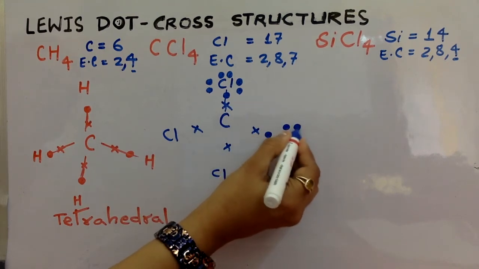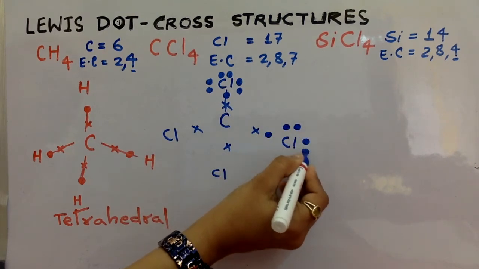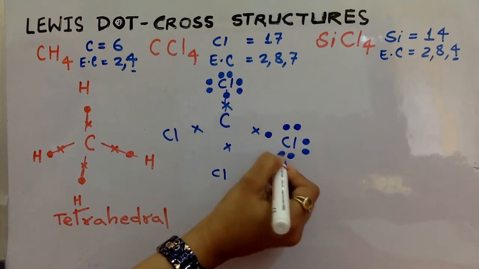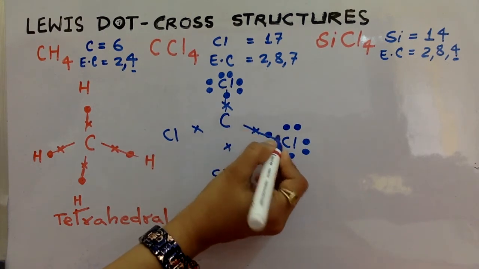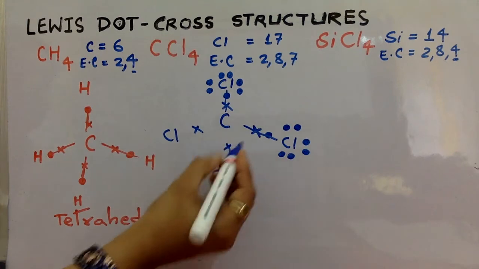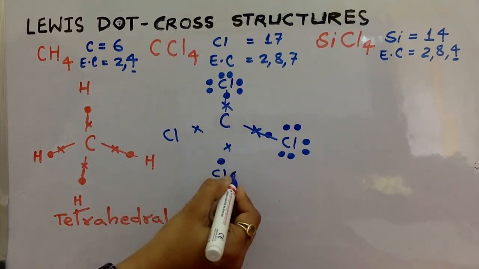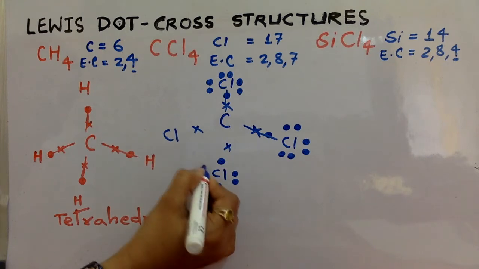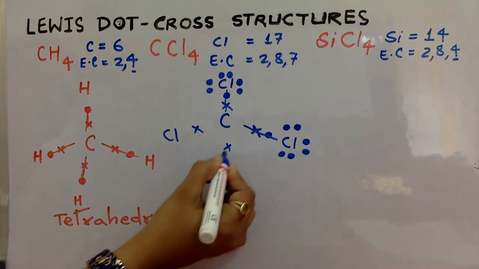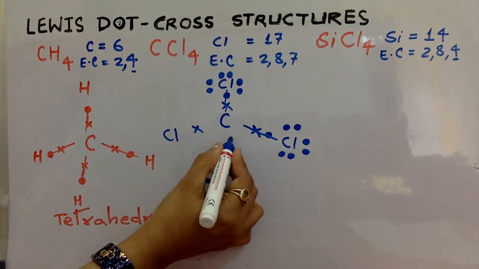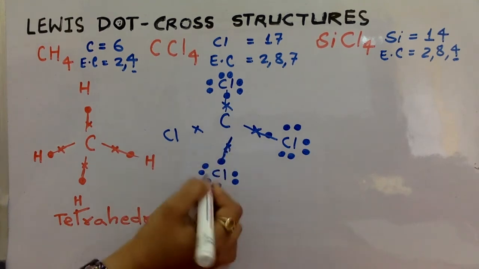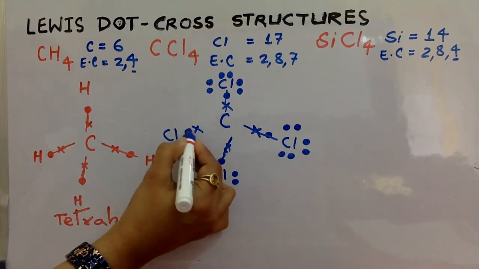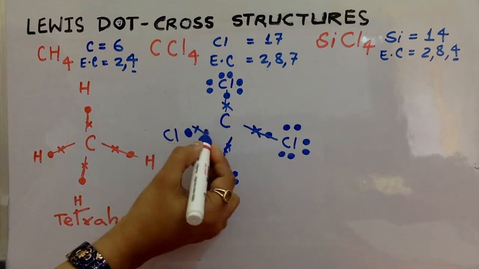Then again same thing here. 7 electrons in the valence shell of chlorine, of which 1 participated in bonding with carbon. Same thing here, 7 electrons in the valence shell of chlorine, out of which 1 participated in making the bond with carbon, you can see, and the remaining 6 electrons are the 3 lone pairs.